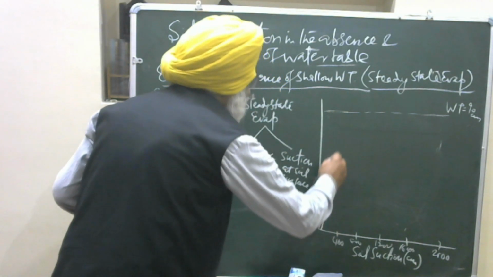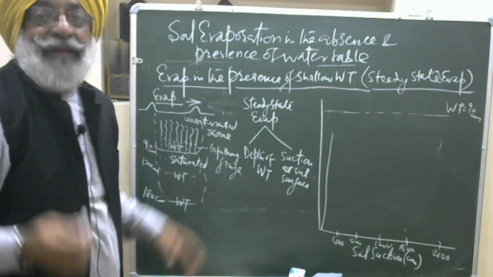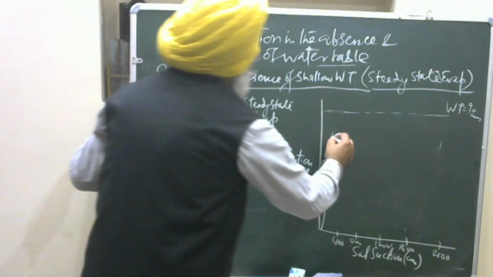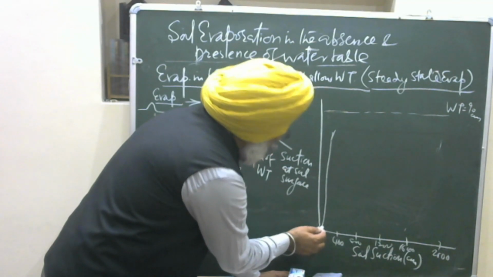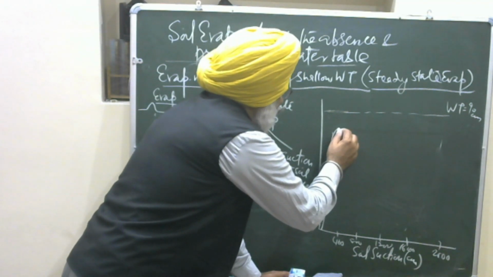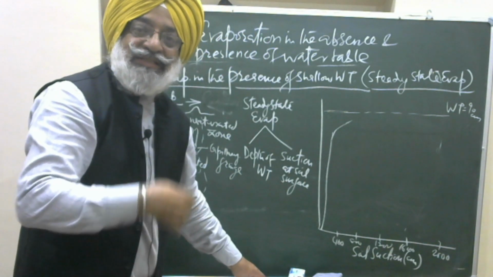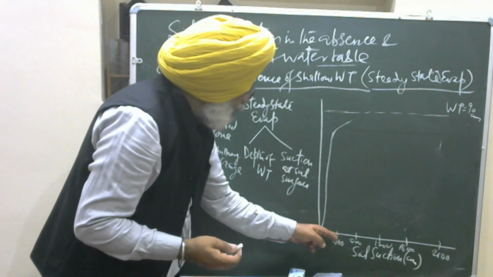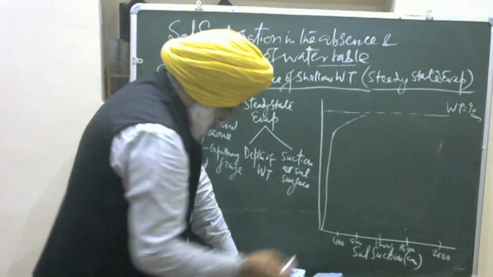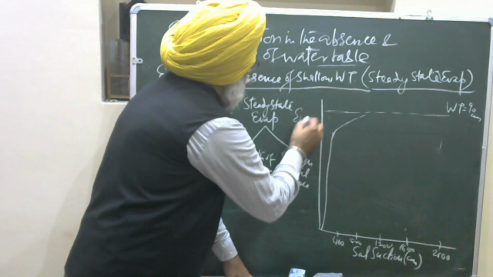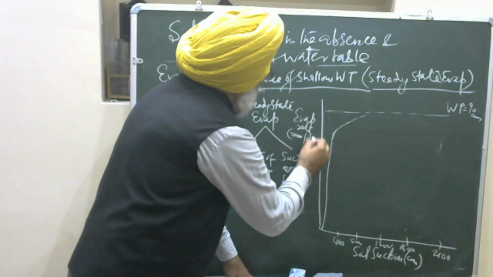This will be very sharp, because water table is shallow, evaporative demand is there, and this is the evaporative demand over here. If we increase the evaporative demand, there will be very slow increase in evaporation rate. You are increasing suction from say 400 to 800, the evaporation rate may be not more than... so I will change the evaporation rate, this is say in millimeters per day.